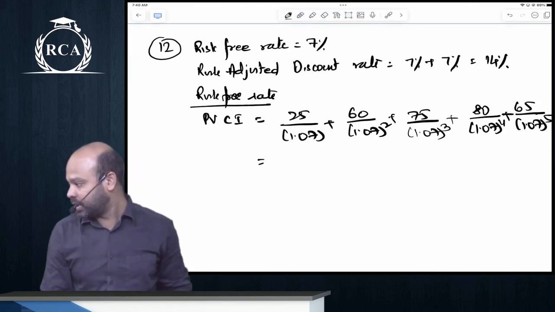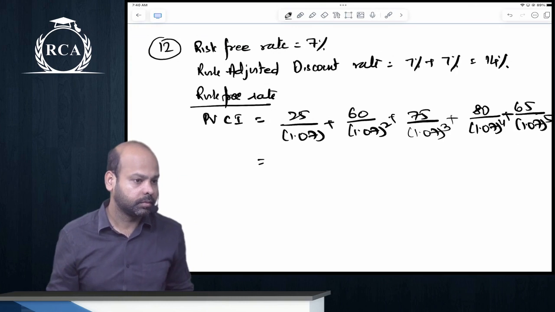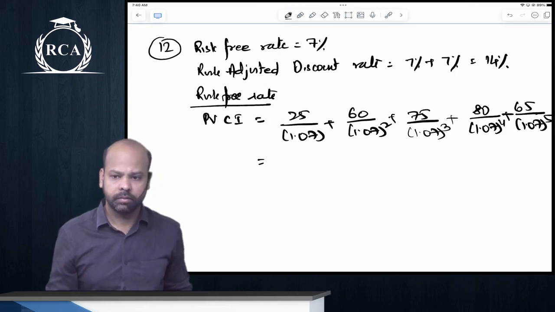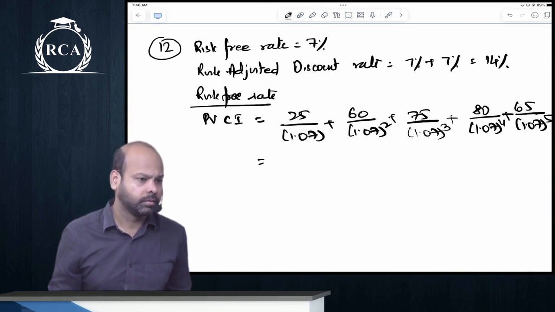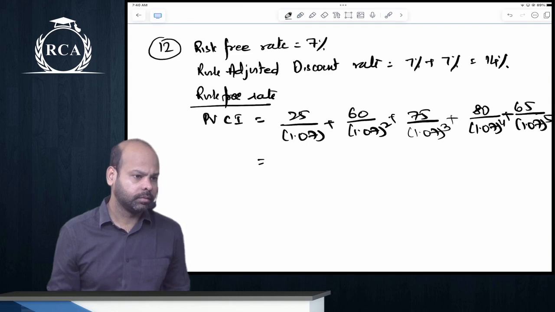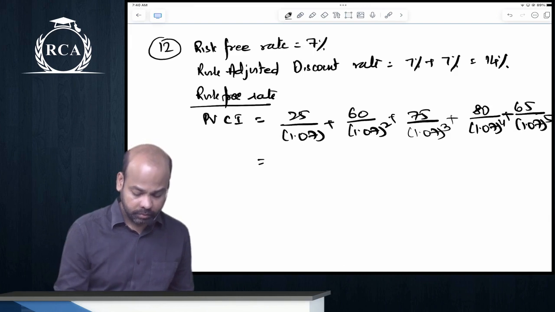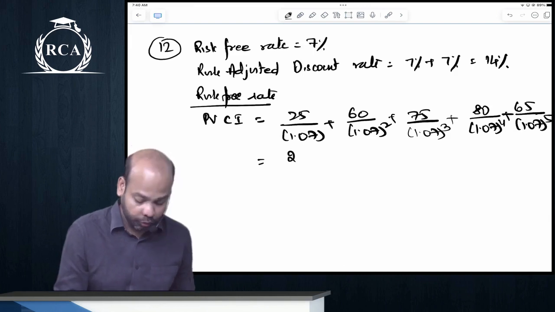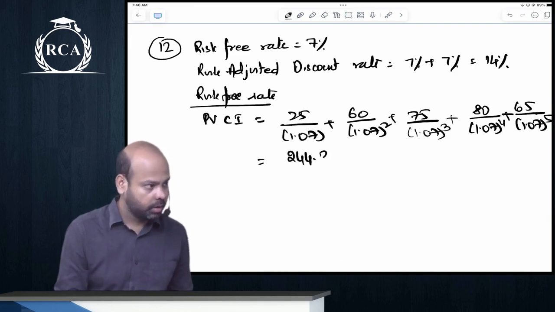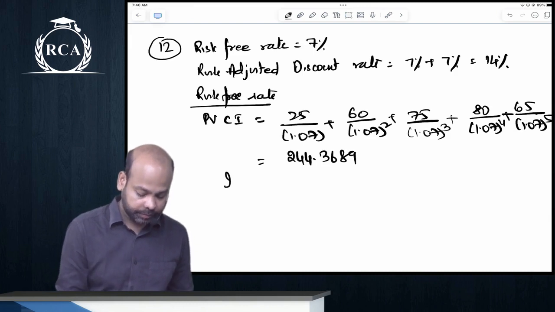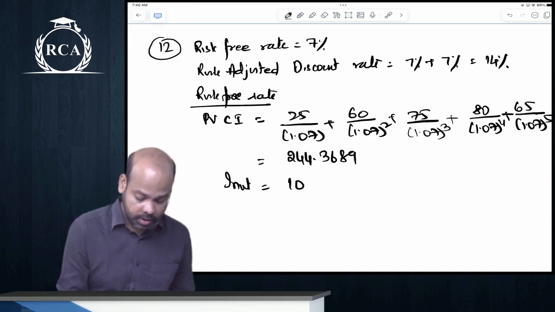How much is this, guys? $244.3689. How much is the investment? 100.